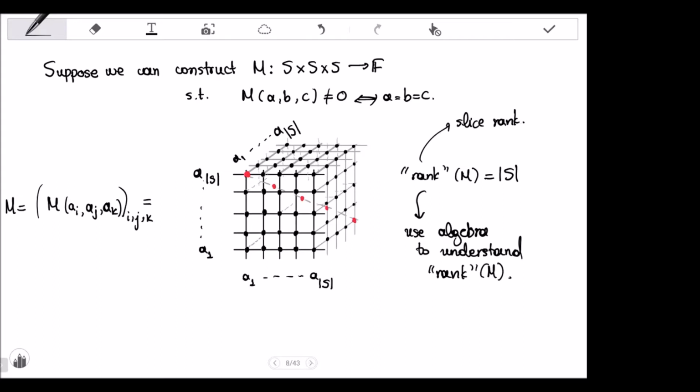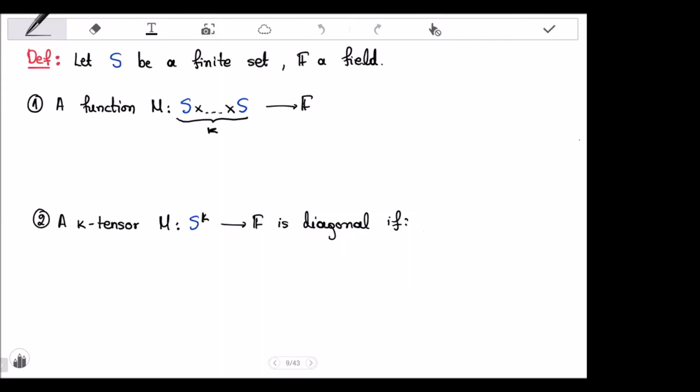So let's see some definitions. Maybe the interesting pattern inside S has to do with k-tuples of points rather than pairs or triples. So we're aiming for a k-dimensional matrix. So this is called a k-tensor. But you can think of a k-dimensional matrix if you prefer. And by the way, what is a one tensor?